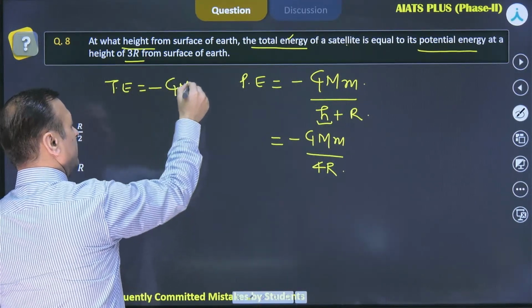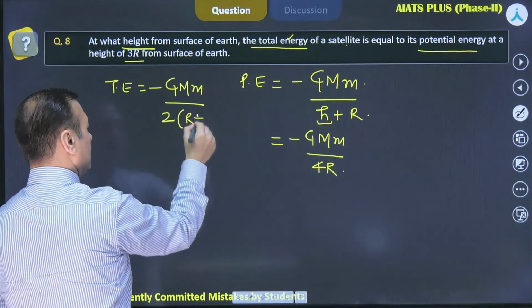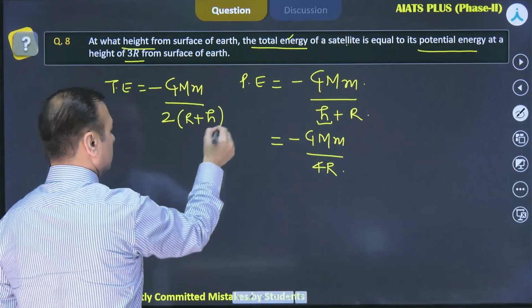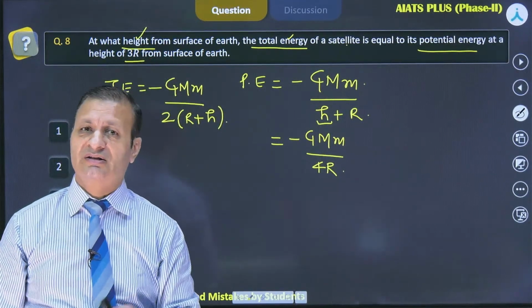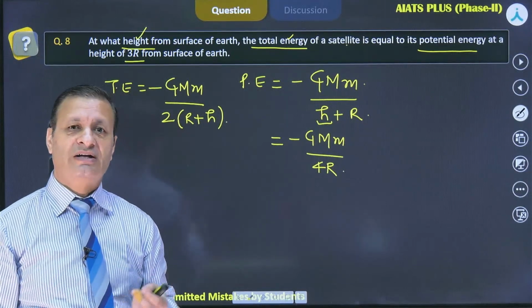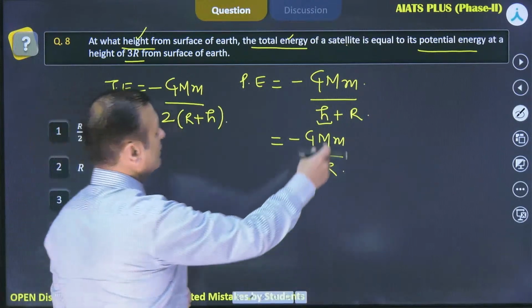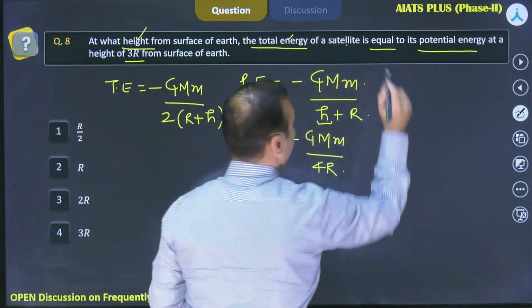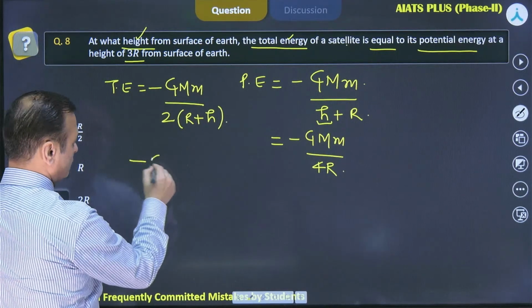So this is also minus GMm by 2, and this is R plus h, because this height is not given to us, and rather this is the main question. So they have asked you to give me the value of this h. But they are saying this is equal to this energy. So let's equate these two expressions.